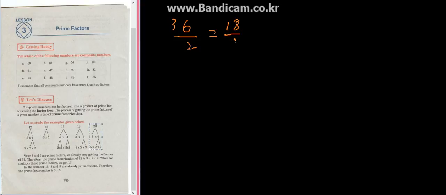And if you divide by 2 again, it's going to be 9. If you divide by 2 again, no, you cannot divide by 2 this time. If you divide by 3, this is not an equal sign, this is just an arrow, please remember that. Dividing by 3 gives 3. And if you divide by 3 again, this is going to be 1. And prime factorization is finished.